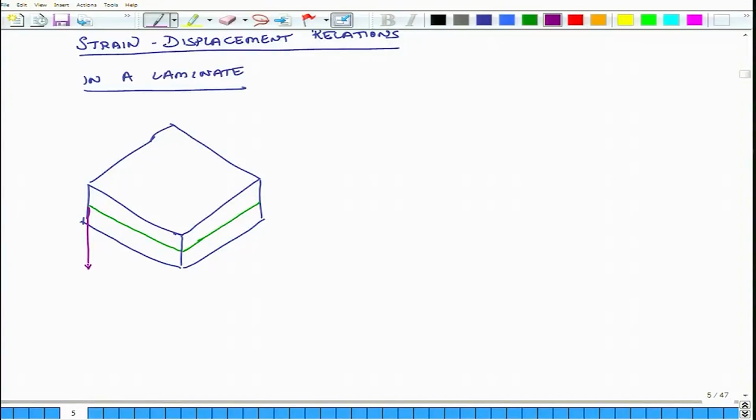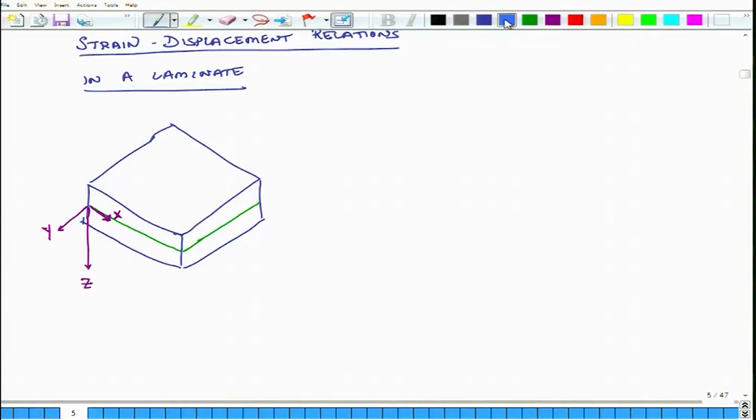Going down towards the bottom side of the plate is the positive z axis. This is the convention we are going to use. This is the x axis, and the third axis is the y axis. So, we have three axes x, y and z as depicted here. The x axis runs on the mid plane of the plate in this direction. On the mid plane we also have the y axis, and going down is the positive z axis.